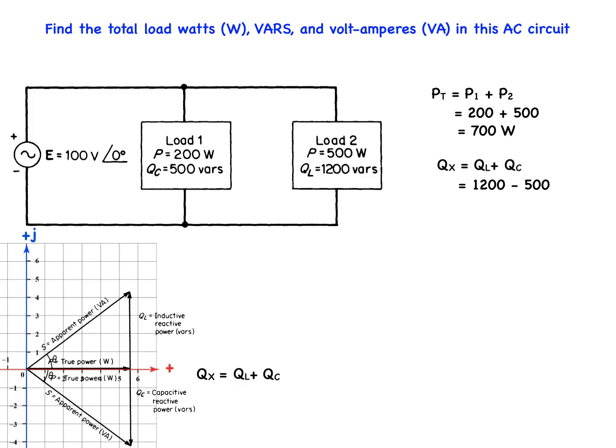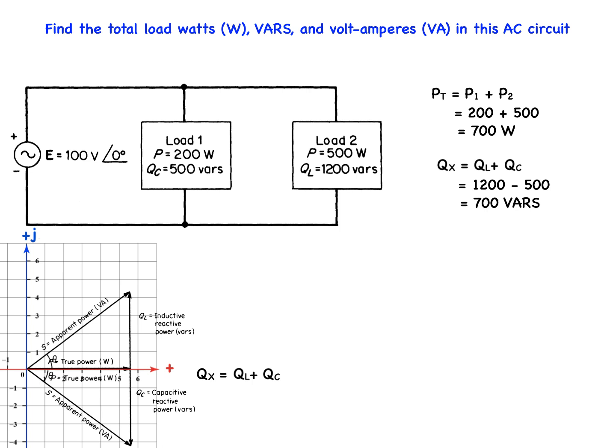Now remember that QC is capacitive, so the reactive power is negative, therefore the total reactive power is 1200 minus 500, which equals 700 vars. Because the total reactive power is positive, the circuit is inductive.